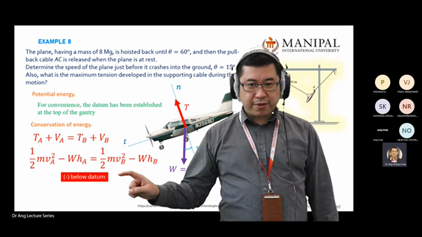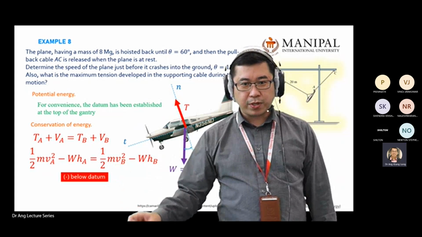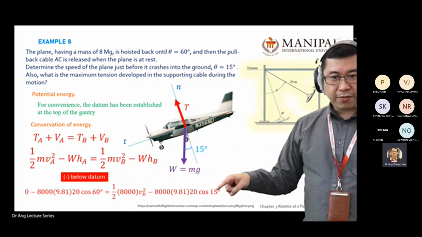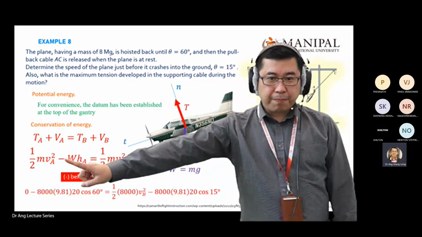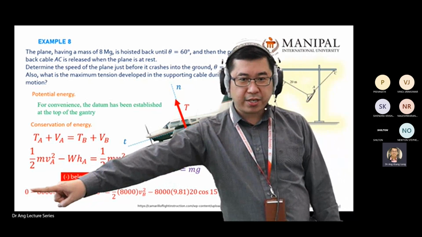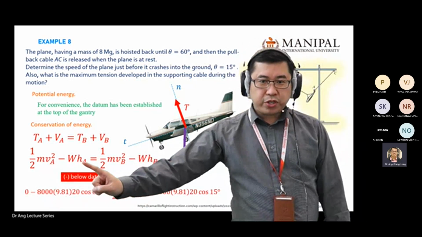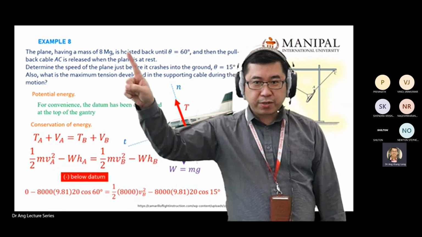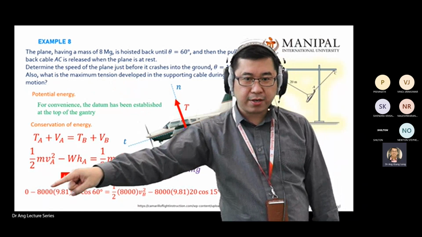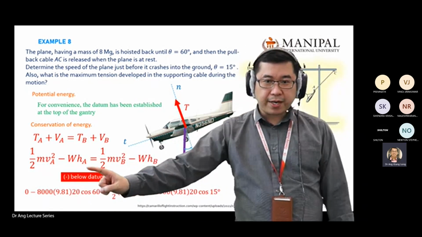Okay, so I put a remark here. Y negative is below the datum. I do a little bit of calculation for you. At position A, velocity is 0, so that's why kinetic energy is 0. For mgh, again change megagram into kilogram, you get 8,000 kilogram. g is 9.81.